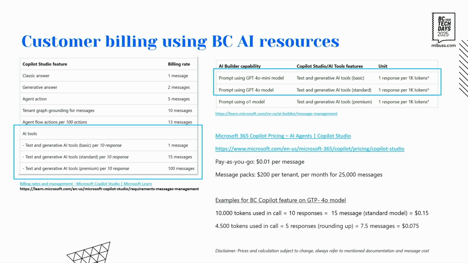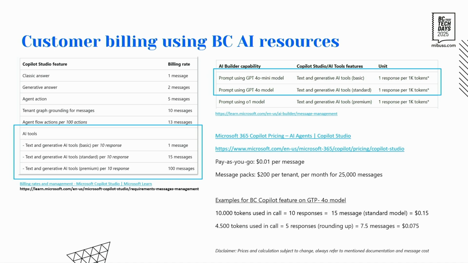So if we do a quick calculation, it means that if I'm using a GPT-3 model, for example, that means the standard SKU, then 10,000 tokens equals 10 responses, equals 15 messages. It's the same as 15 US cents.